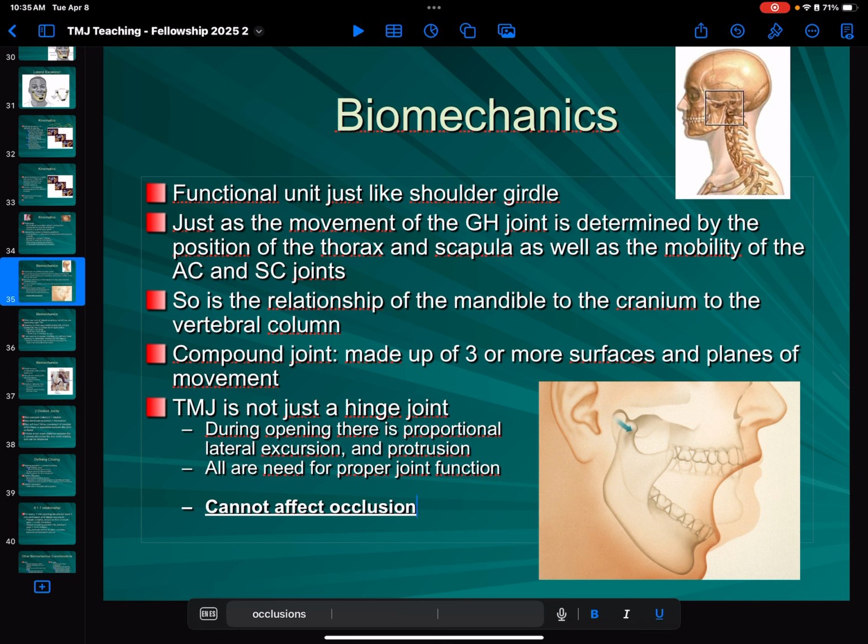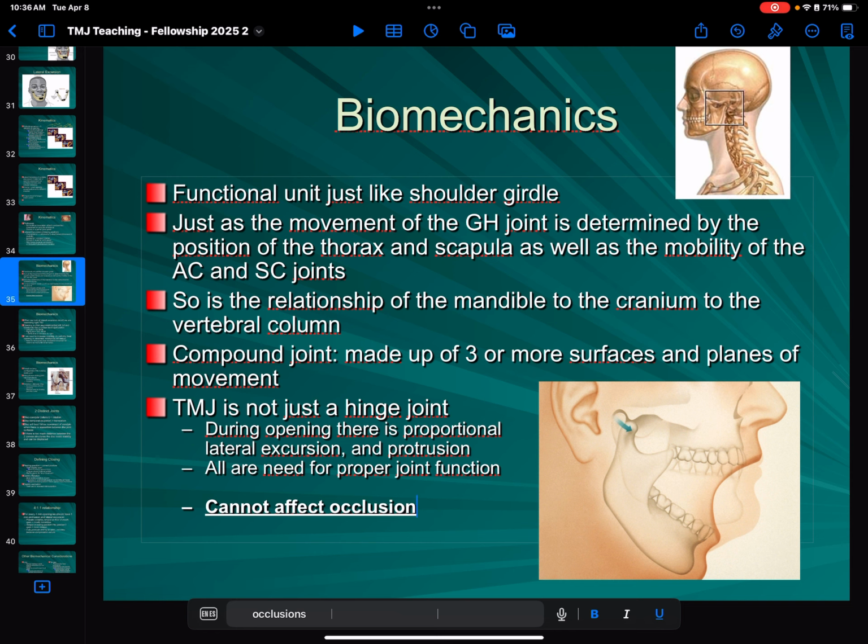Okay. So that's where it is a compound joint made up of 3 or more surfaces and planes of movement, not just a hinge joint, right? And so this is getting, again, a little more narrow back to the TMJ itself. So during the opening, we talked about, okay, there should be first 12 millimeters of opening. Should it be rotation or translation?